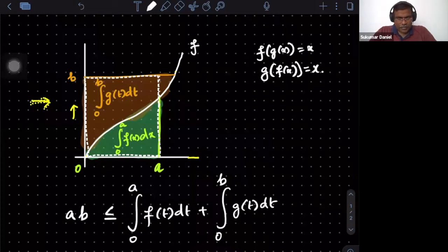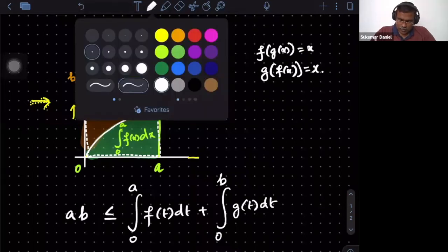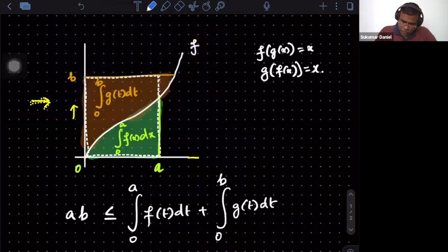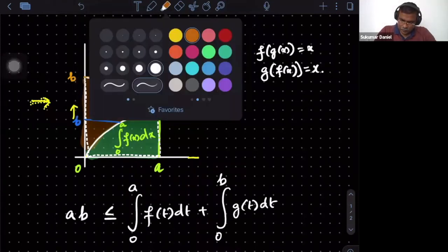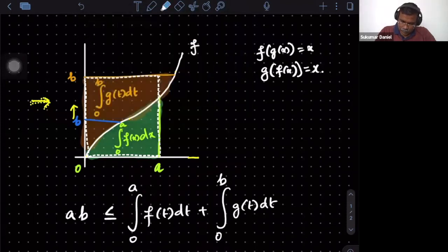What if I take b to be smaller? So let me do that also. Say this is my b now. Suppose this is my b. That means we look at only this area.